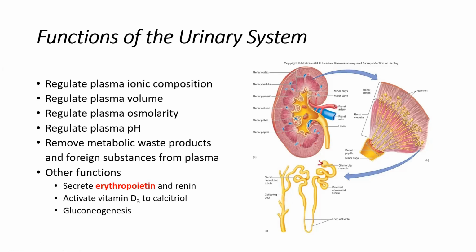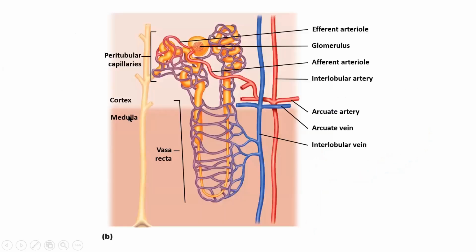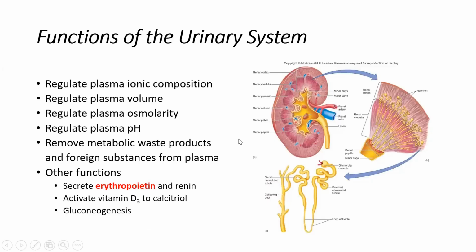Plasma osmolarity. We'll talk about this word osmolarity quite a bit, but whenever we say osmolarity, we're really just referencing the amount of sodium or the saltiness of the plasma, which influences blood pressure. Okay, so osmolarity is a reflection of the solute concentration of our plasma and, by extension, our blood pressure.